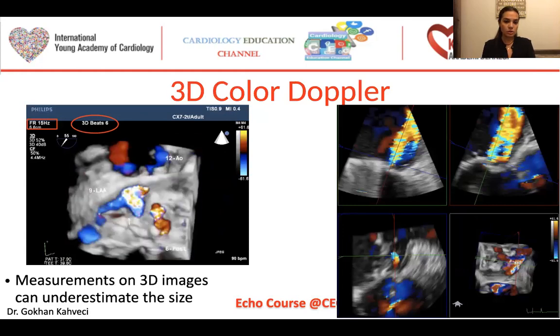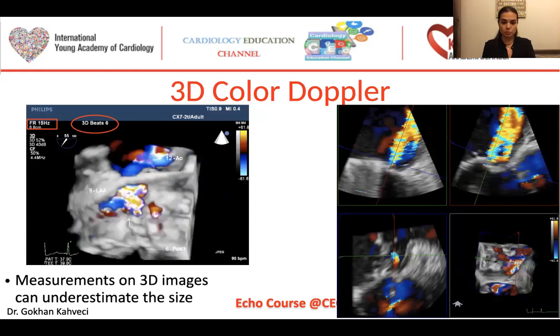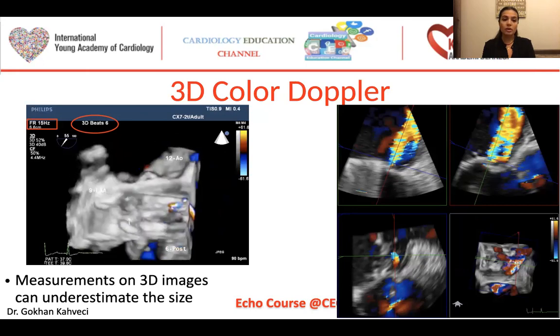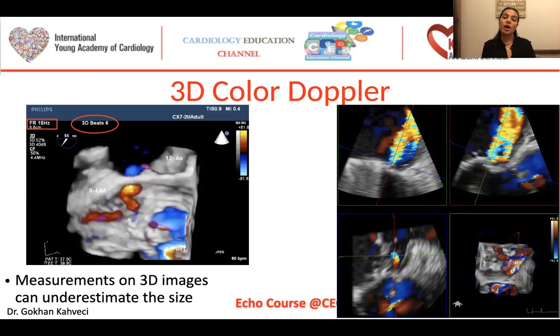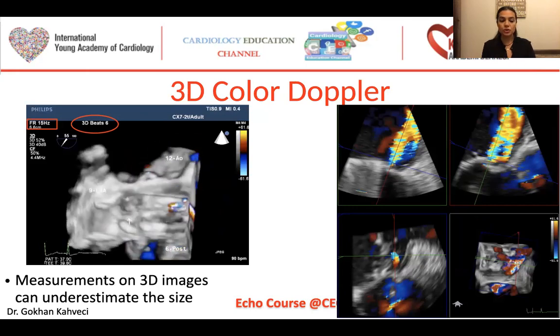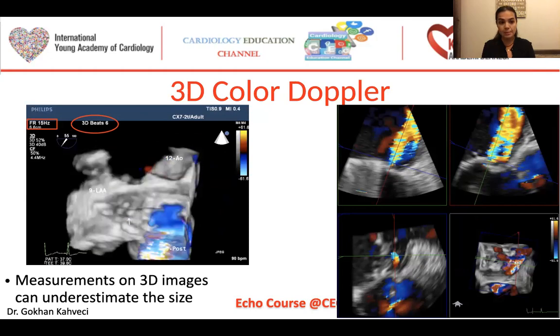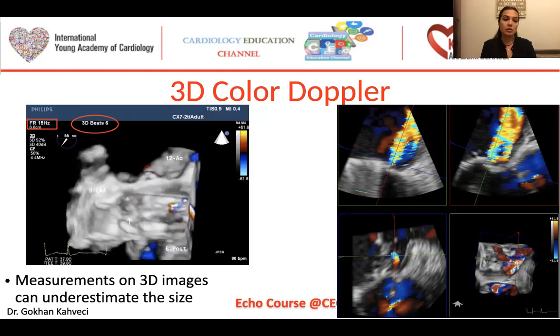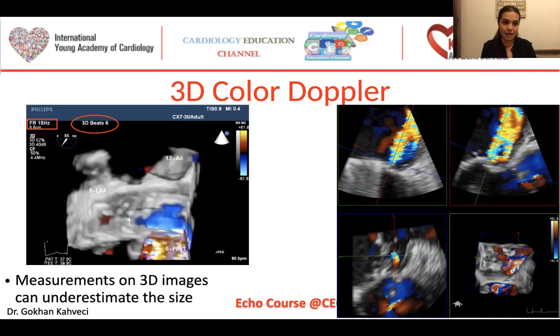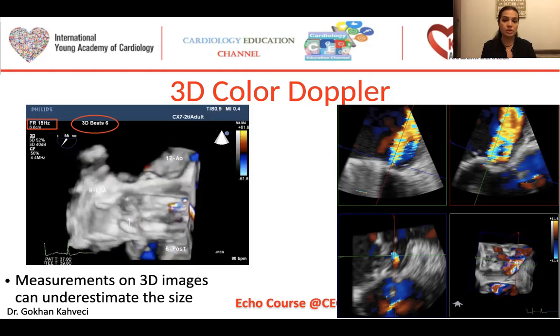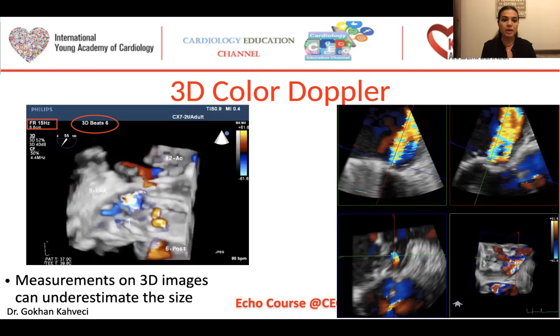Also, I want to say that the 3D color Doppler is important here because we need to have a high frame rate. To get the high frame rate, we should increase the acquisition beats. As you can see here, we have 6 beats and the frame rate is 15. It's a good frame rate.